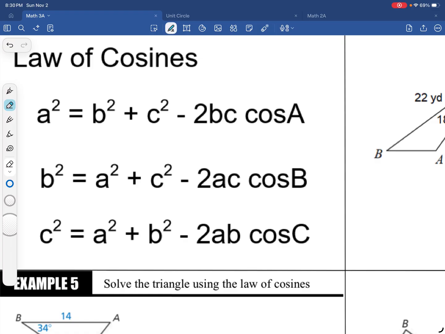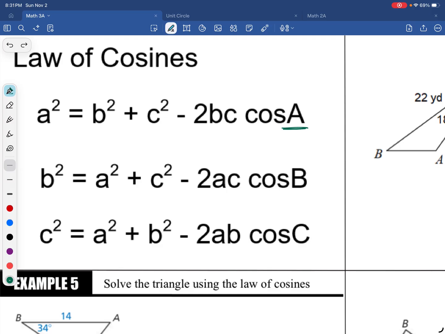Notice that if we're working with angle A, our formula is going to start with side A, and then all of the other letters inside are the other sides that are not the A. Maybe that seems silly, but that's how I look at it to remember what I'm doing.